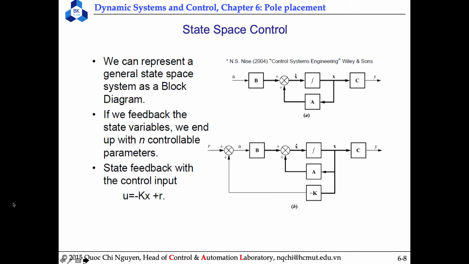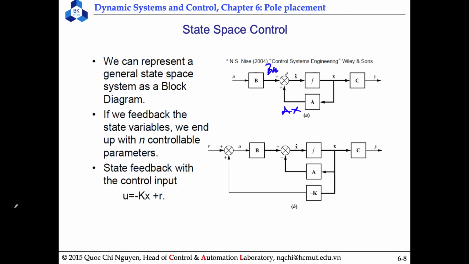Okay, let's move to the next slide. This is the block diagram. If we follow this block, the signal here will be U, and the signal from here to here is X. X is the state of the system, so this is AX, right?